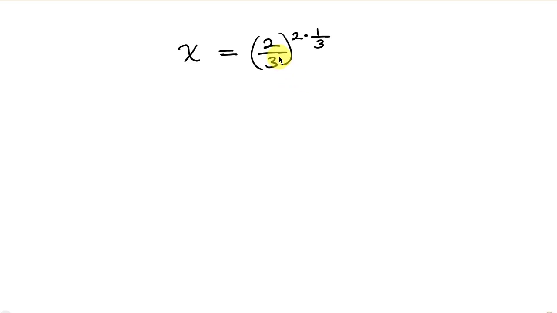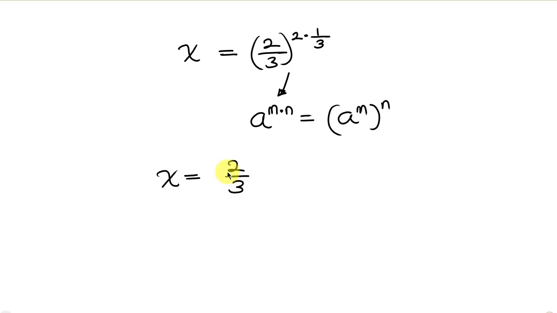Now our next step will be for us to apply the law of indices here. That means this expression from the law of indices, when I have a to the m times n, this can be written as a to the m all raised to the n. I'm going to be writing this in this form. So x now becomes 2 over 3 raised to the 2 and all raised to the power of 1 over 3.